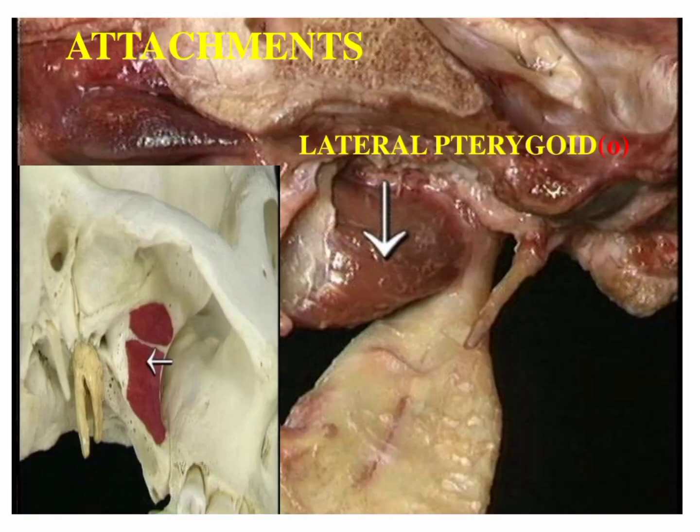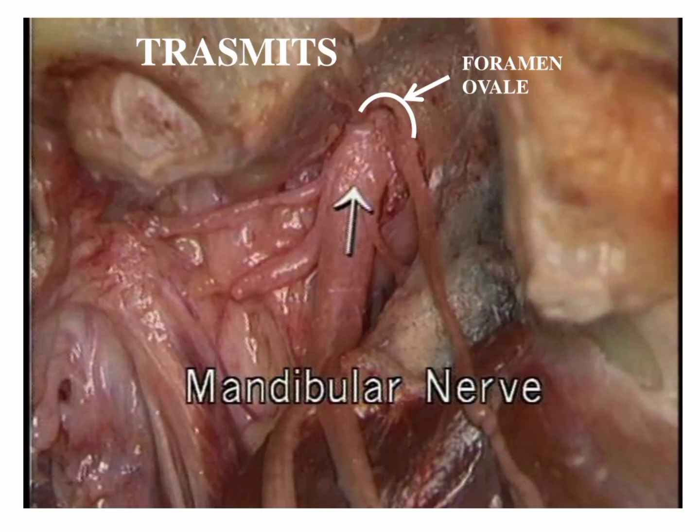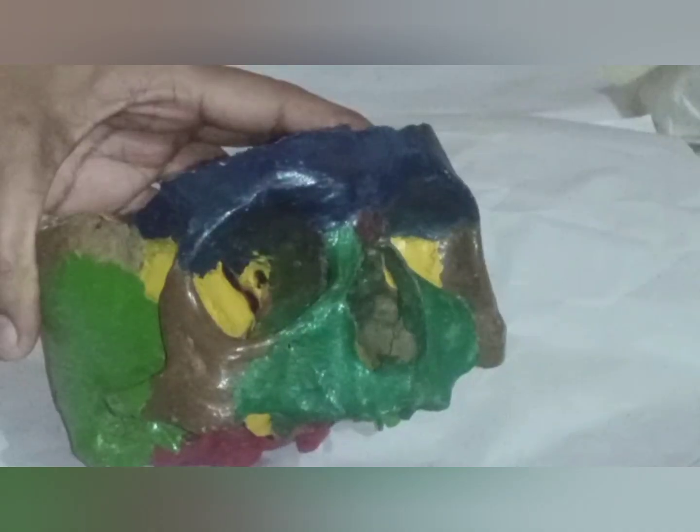The infratemporal fossa gives origin to the lateral pterygoid muscle. The spine of the sphenoid bone gives attachment to the sphenomandibular ligament, which extends from the spine to the lingula of mandible. From the foramen ovale, mandibular division of trigeminal nerve emerges out. From the foramen spinosum, middle meningeal artery, a branch of maxillary artery, enters in.